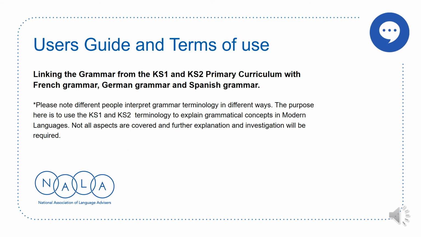With this in mind, NALA has developed a bank of resources which can be used to make links between the grammar in the primary curriculum for English and French grammar, German grammar, and Spanish grammar.